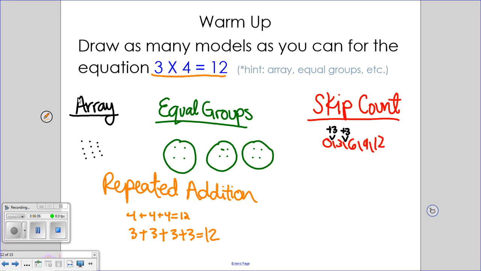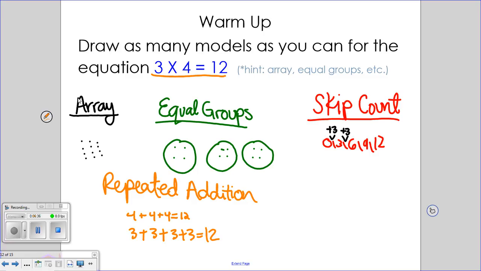So here are some of our strategies for models. These are all visual models. We had to draw something out to see it. Should be your step 3. Remember our step 3, make a plan and solve it? This is what I should see for multiplication. Now you don't have to do all of them. Aiden, what's your favorite? Okay, so Aiden likes repeated addition.